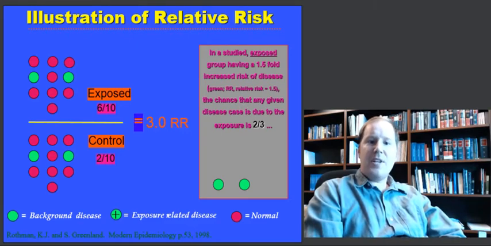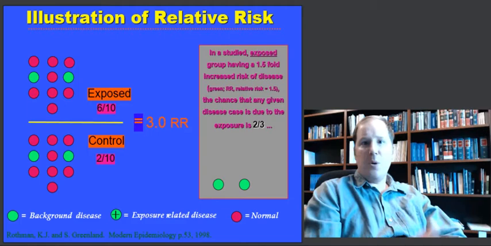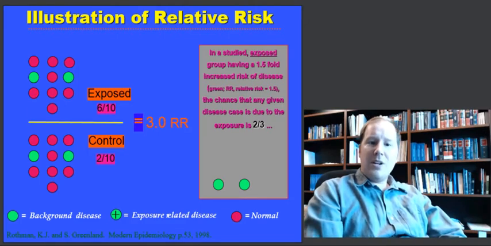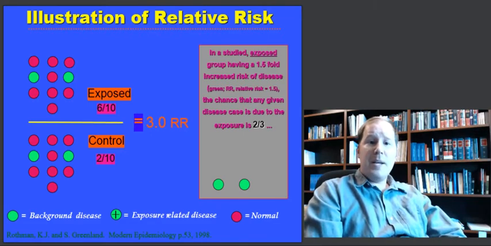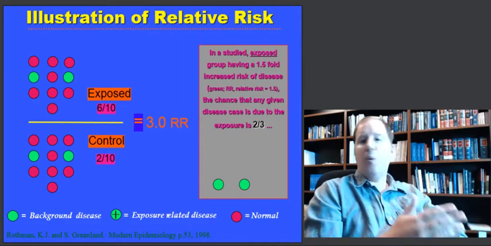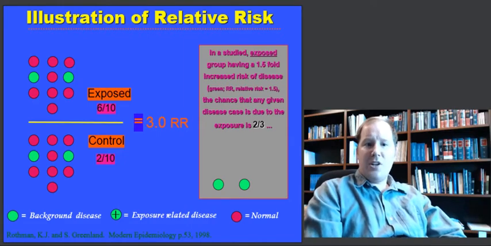2 cancers out of 10 in the exposed group for reasons other than the exposure, and 2 out of 10 in the control group where there's no exposure. What I'm going to suggest is the relative risk ratio could of course be higher than 1.5 as was in the last example. Let's say that in this case, because of the exposure, it's not 1 additional incidence of cancer or terrorist attack or what have you, but 4 additional ones.